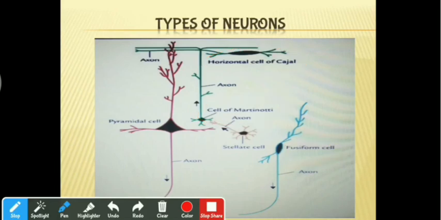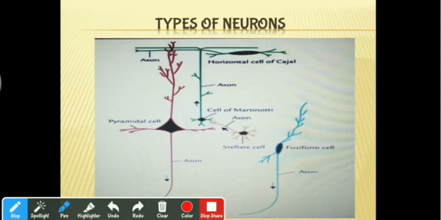And the cortical neurons establish connections with other neurons in three ways: the projection neurons that transmit impulses to the subcortical area, the association neurons that establish connections within the same hemisphere, and the commissural neurons that establish connections between the two cerebral hemispheres, so that they connect the two cerebral hemispheres.